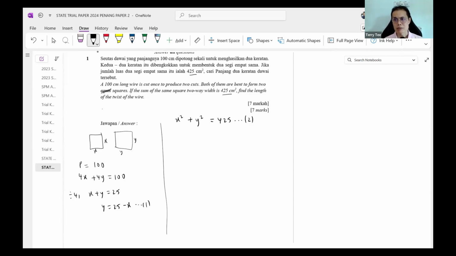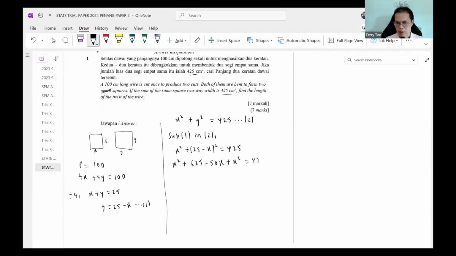We're supposed to solve them simultaneously. So let us take equation 1 and substitute it into equation 2. Your y is 25 minus x, you square it, equals 425. You are going to expand the bracket. 25 squared is 625, 2 times 25 is 50, and this is x squared.